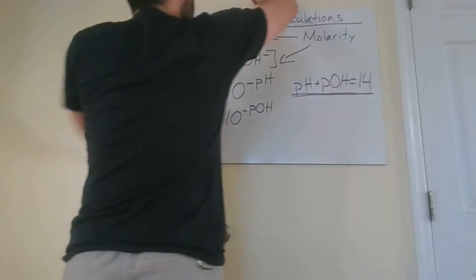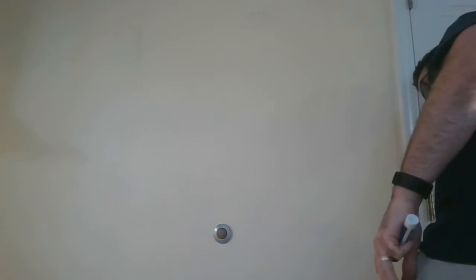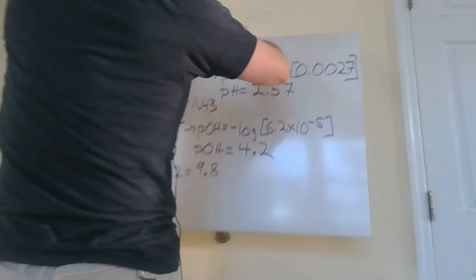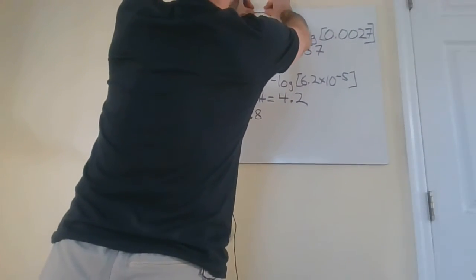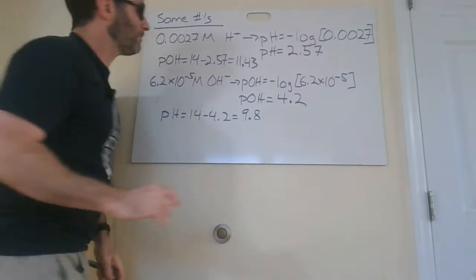I put up a PDF document online, and I'm not going to go through all the numbers because a lot of it is just calculator work, but I did feel like I owed you a little bit of an example.